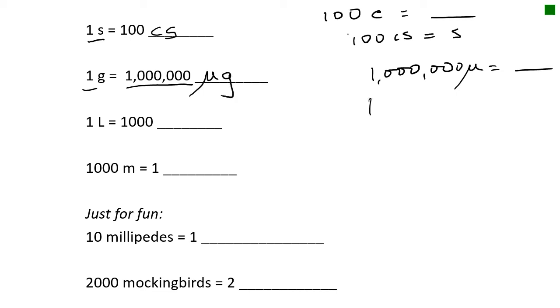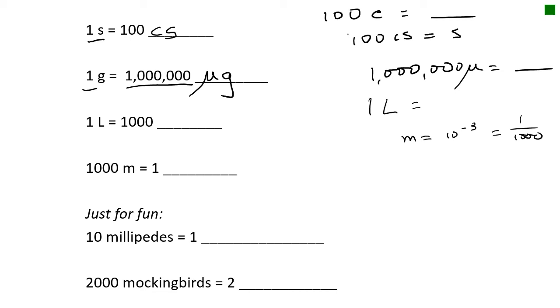Now, 1 liter. If I want to do my conversions between liters and something smaller, my classic is going to be a milliliter. A milli, by the way, again, there's 2 ways of doing all of these. A milli is 10 to the minus 3 or 1 over 1,000.